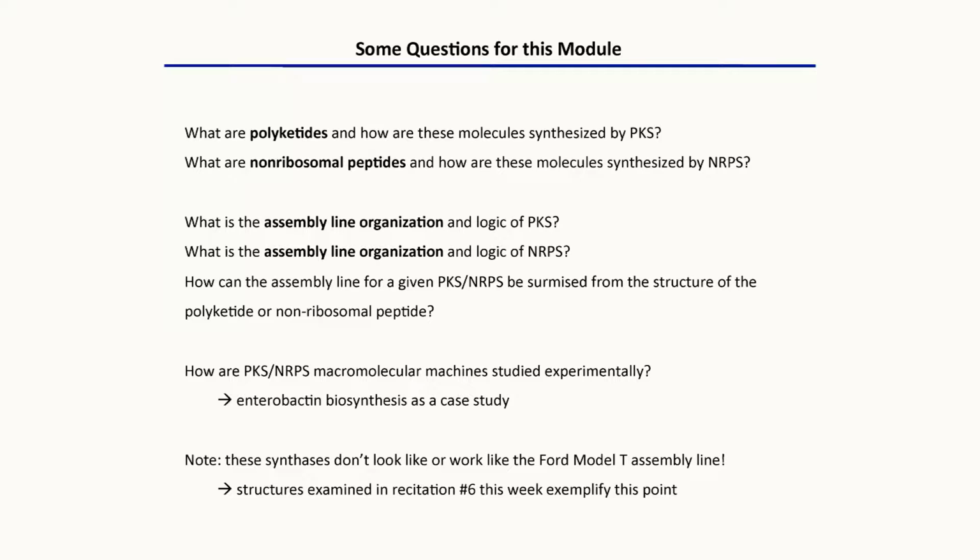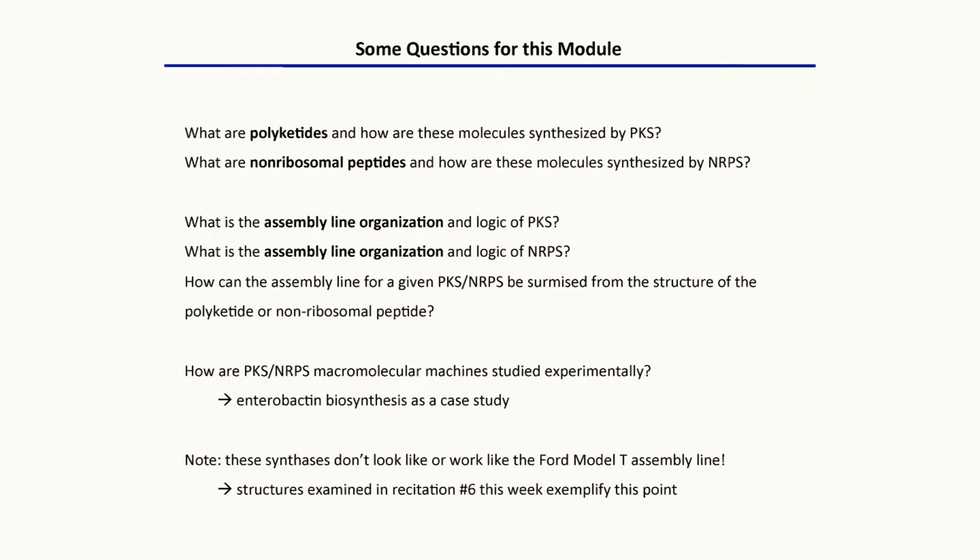What are nonribosomal peptides, and how are they made by these machines called nonribosomal peptide synthetases? We're going to look at the assembly line organization, so effectively the organization of domains that provide these linear polymers. What is the assembly line organization and logic for PKS, and likewise for NRPS?